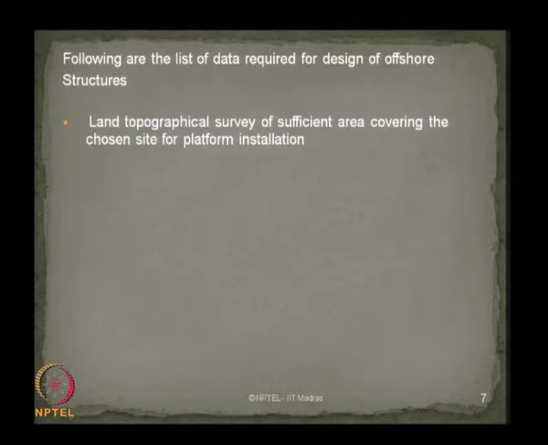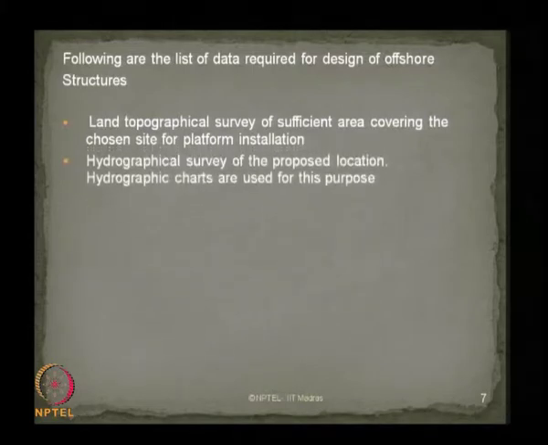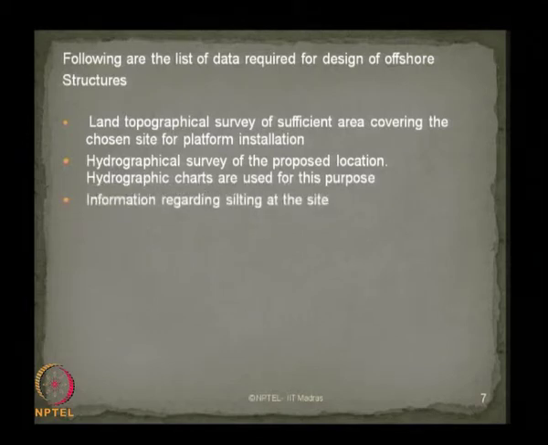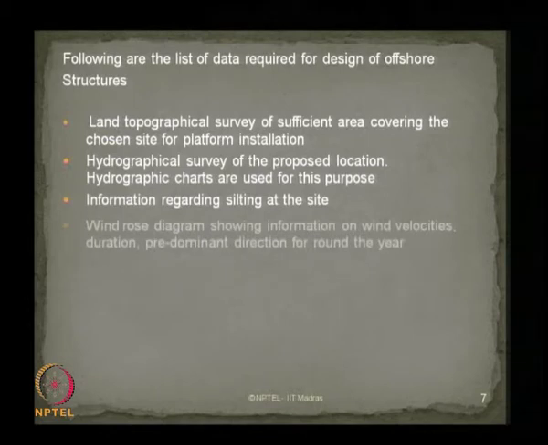The first and foremost is that the land topographical survey of sufficient area covering the chosen site for the platform installation should be available to the designer, followed by hydrographical survey details of the proposed location. Hydrographic charts are generally used for this purpose. This can give me information regarding silting at the site.